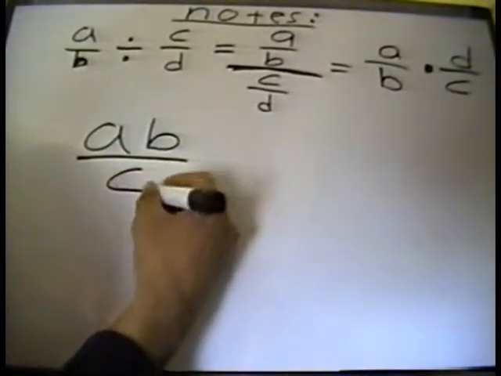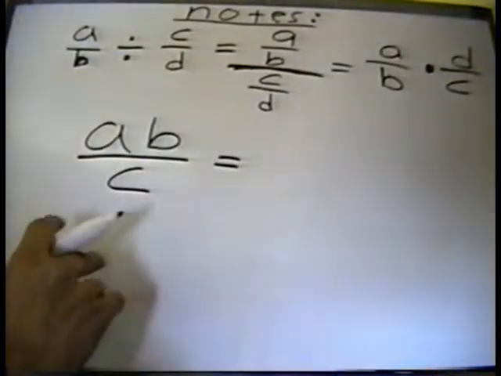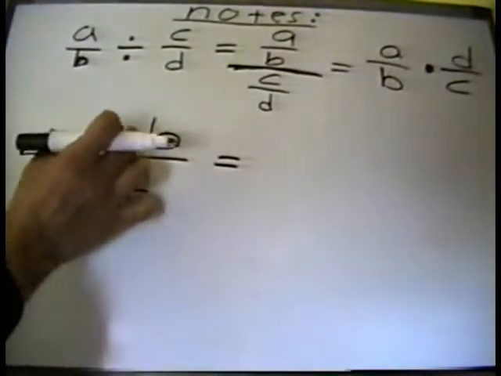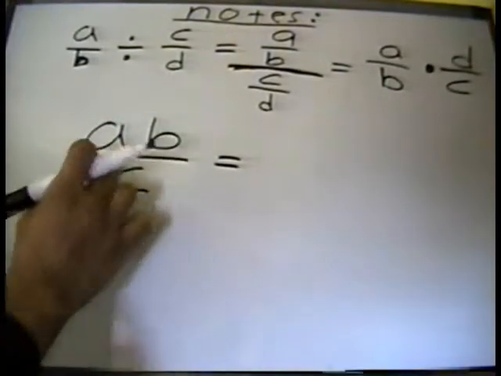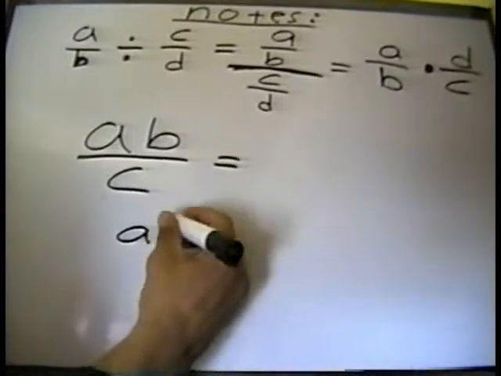Also, you have AB over C. One way to split this up. See, this is as simplified as it gets here. You wouldn't split this up.